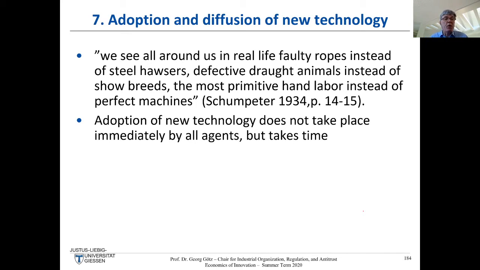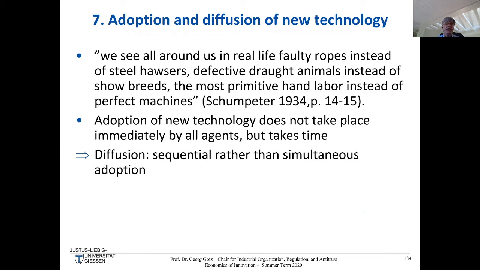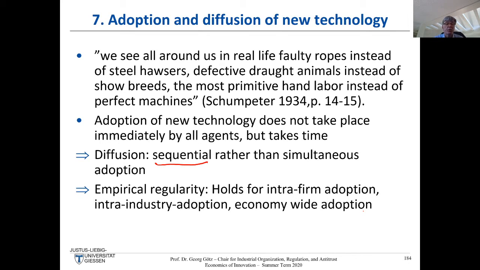Why it might be optimal not to adopt new technology immediately, and why we typically observe in the real world that adoption of new technology does not take place immediately by all agents, but it takes time. Okay, it takes time, and that means that it happens sequentially rather than simultaneously. There are some early adopters, but there are late adopters as well.